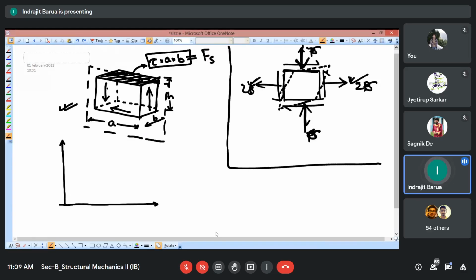You will see some deformation like this due to the shear, or at least it tries to deform the material like this. The dotted line is the previous shape, and it is trying to deform the shape. So let's say I am getting this much amount of deformation.